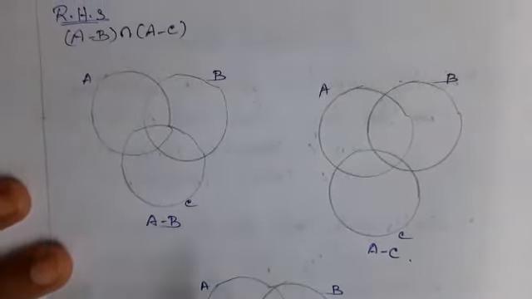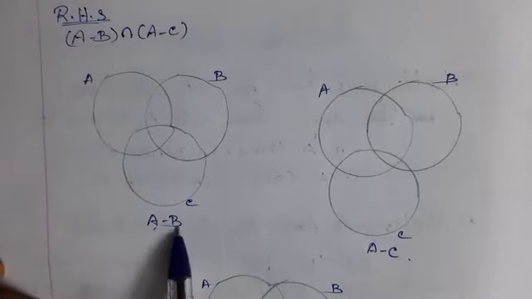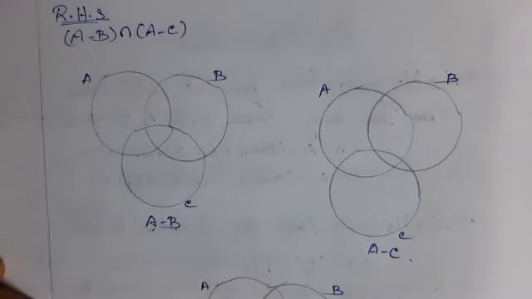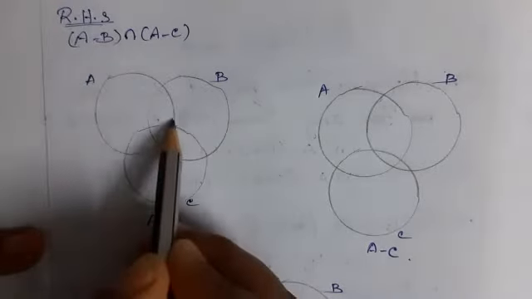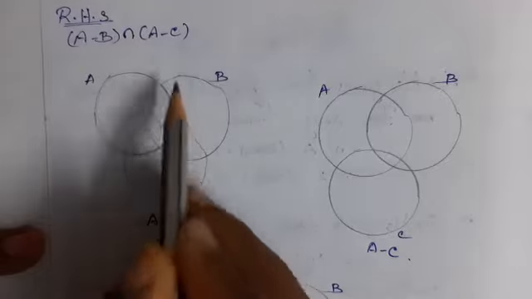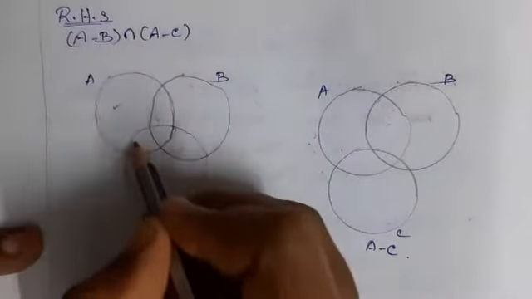Okay, A difference B means subtract B from A. See the circle A. From this A circle, subtract B. Therefore, the remaining portion is only these two portions.